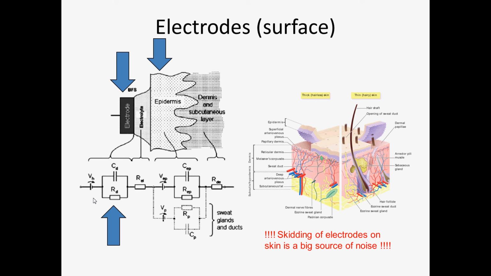Everybody thinks, okay, I'm going to record ECG, I just stick electrodes. If you don't prepare the skin well, you're going to create a bunch of other impedances between the electrode, the body, and so the amplifier.